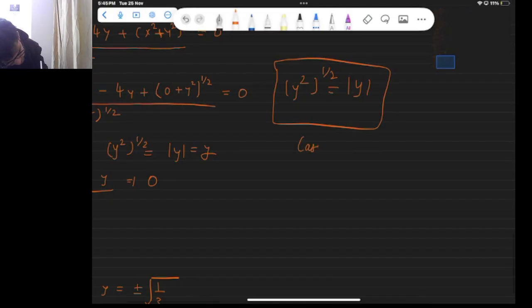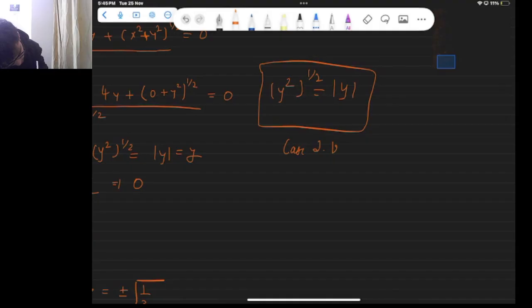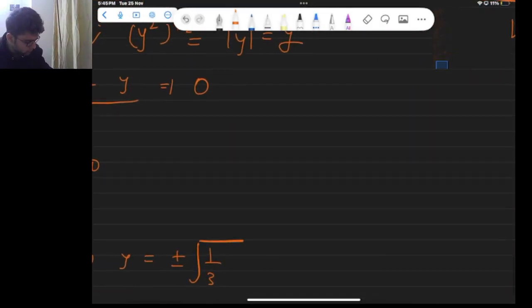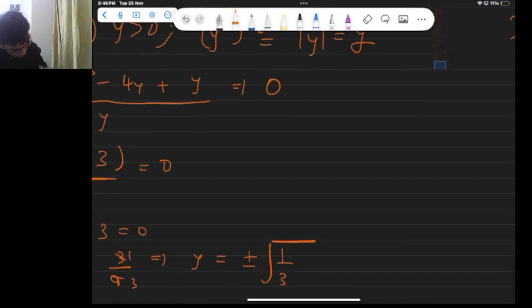Case 2B says that here my y is negative. So here you can see that I can reject this value, right?